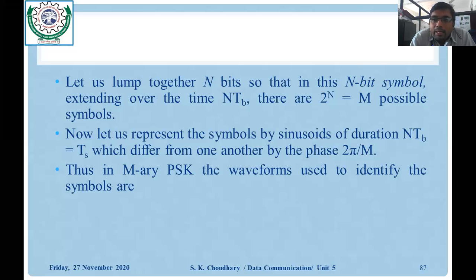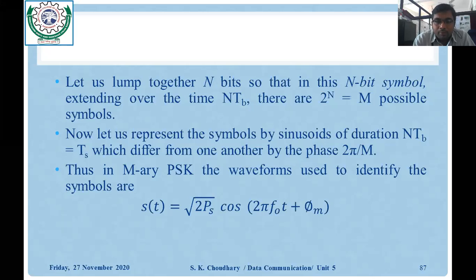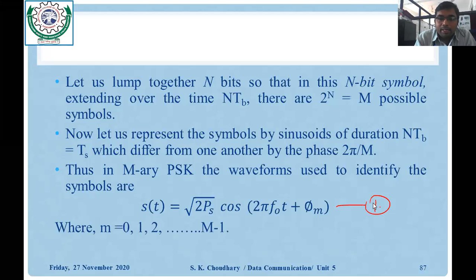Thus, in MRE PSK, the waveforms used to identify the symbols can be represented mathematically by the equation s(t) is equal to square root of 2 PS cos(2 pi f naught t plus phi m). What is m here? It is a natural number, 0 to M minus 1.